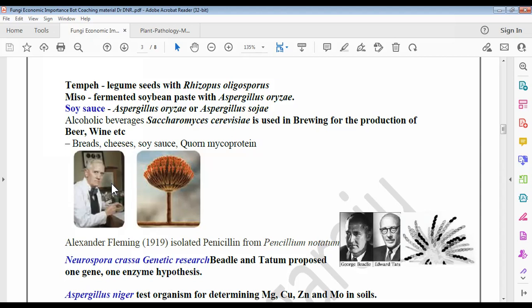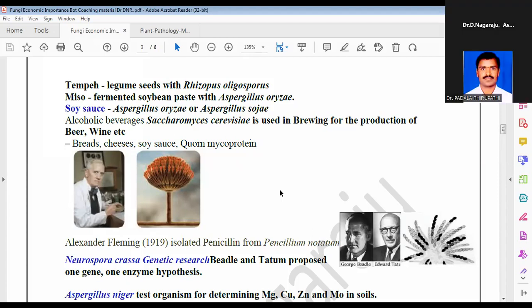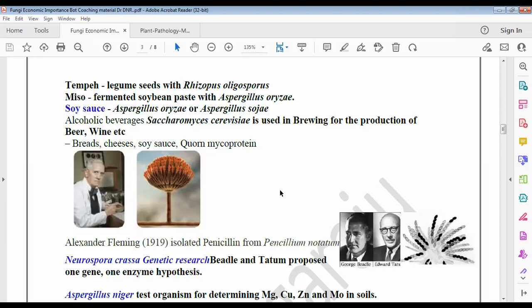So he tested it upon the bacteria and fungi. He realized it acts as an antibiotic, inhibiting the growth of other fungi and bacteria. That blue mold product is penicillin.